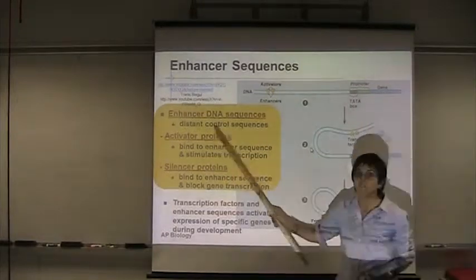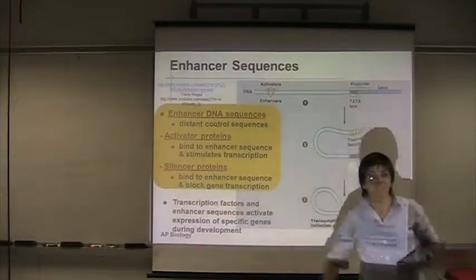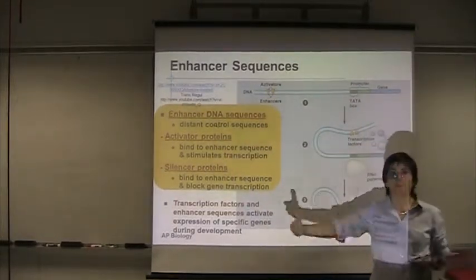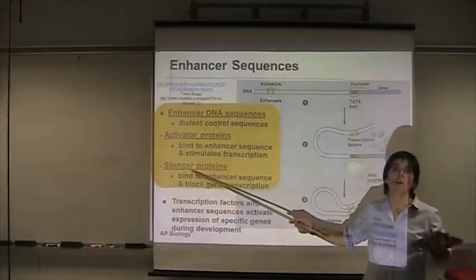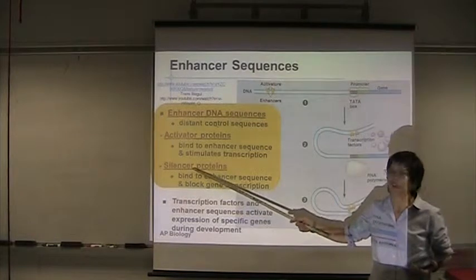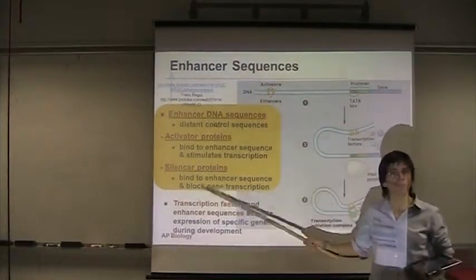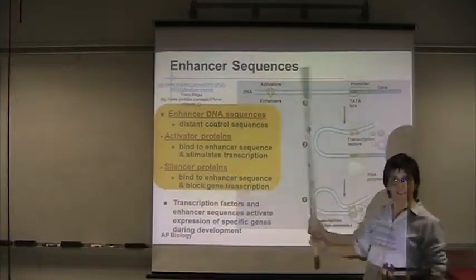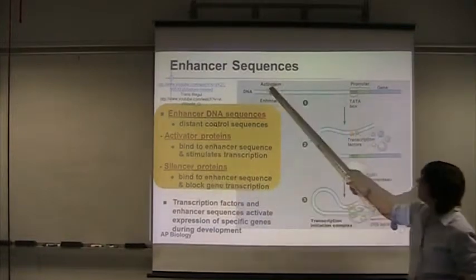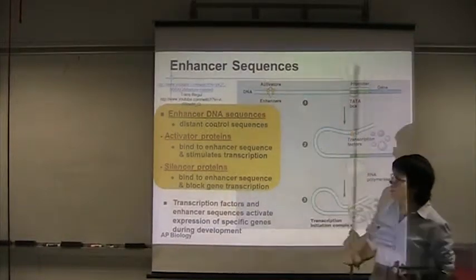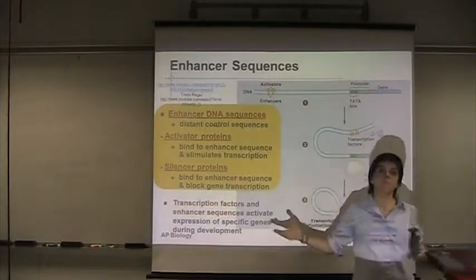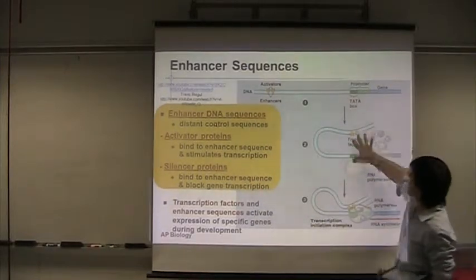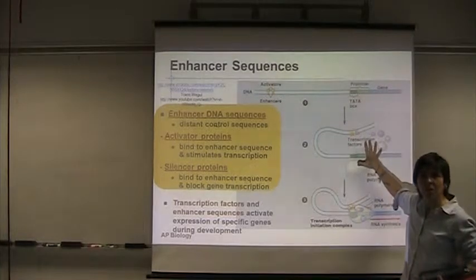They can be activators that are going to increase the rate of transcription and facilitate the process, or you can have silencer or repressor proteins attached to it. Hey, repressor sounds the same as in prokaryotes. Easy way to remember. If you have a silencer or repressor protein attached there, guess what's going to happen? Absolutely nothing, even though everything else is ready to go here.